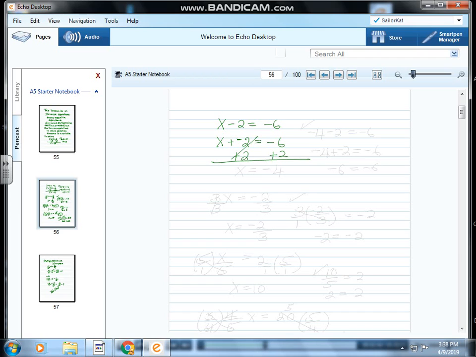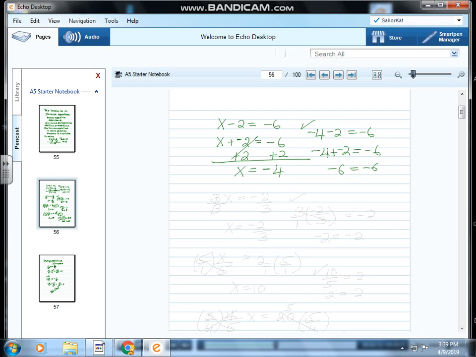So now the 2's go away, which we want, and our x is equal to, by the rules of negative and positive, subtract and keep the sign of the larger, negative 4. We'll go ahead and check that. Negative 4 minus 2 equals negative 6. Do keep, change, and you'll have two negatives that you will add and keep the negative sign.